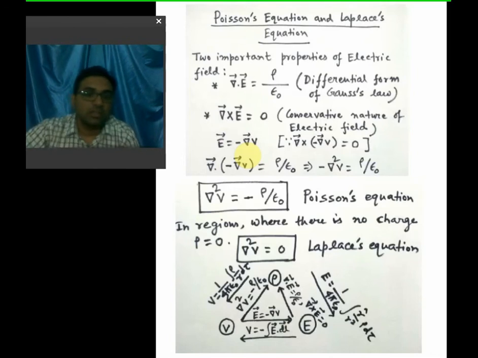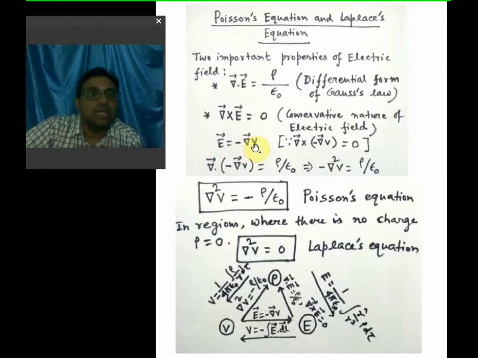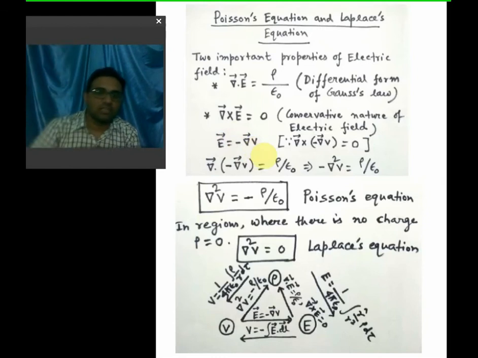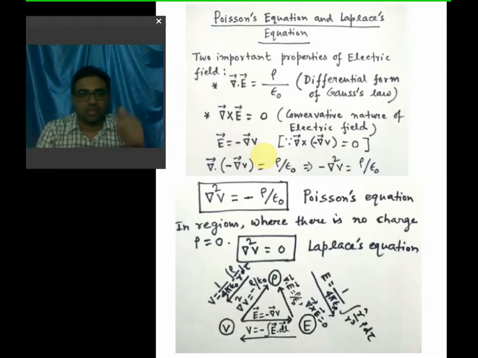Here del V is the space rate of increase of potential, and its direction is from outside to near the charge, but the electric field is opposite to that direction.